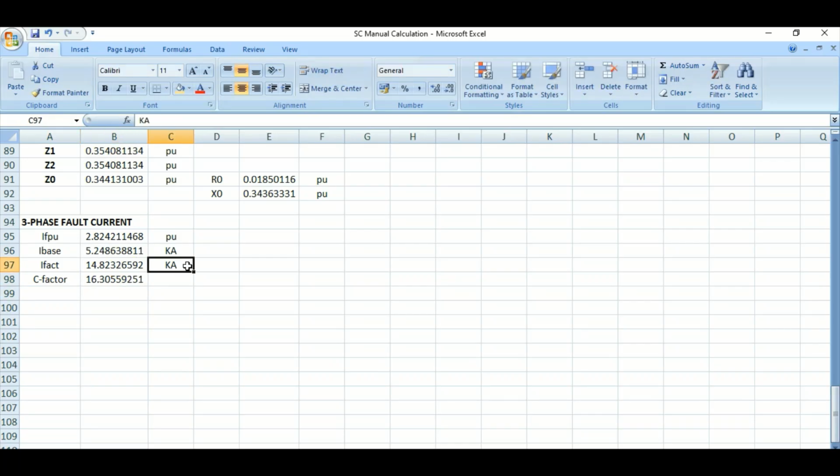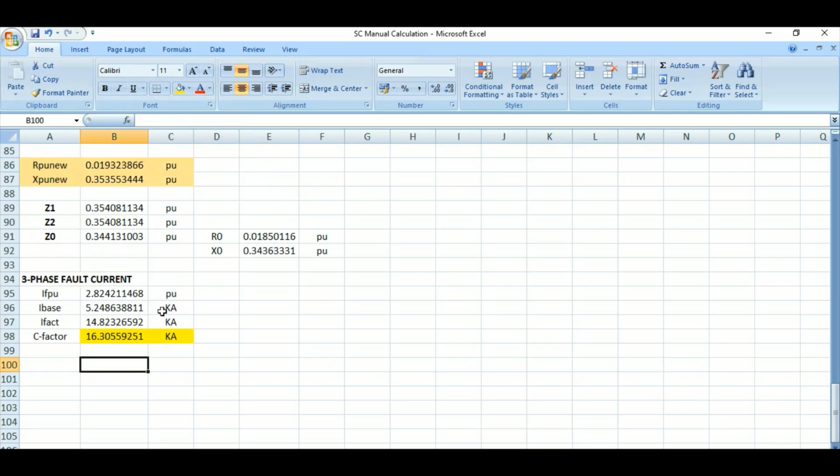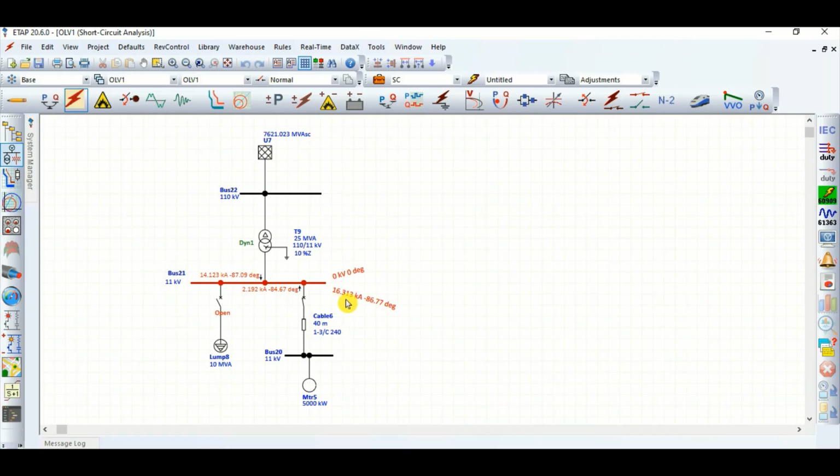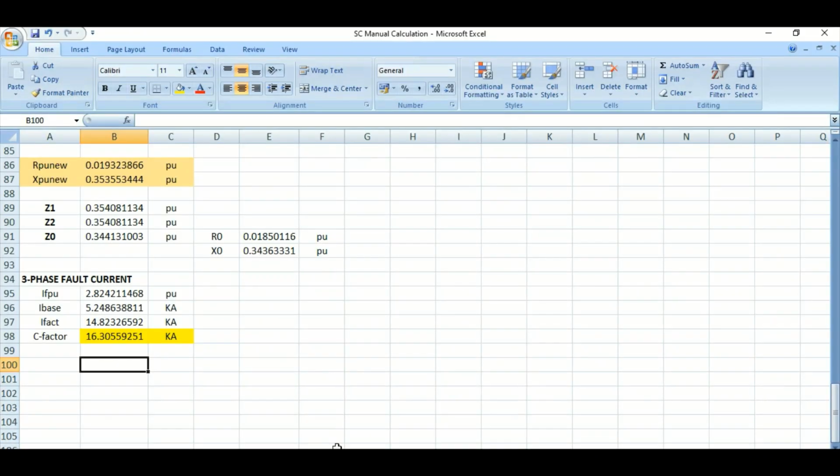So this is in kiloamps. This is the value we have got, 16.305. Here it is 16.313, so it is almost matching with the ETAP software, right?